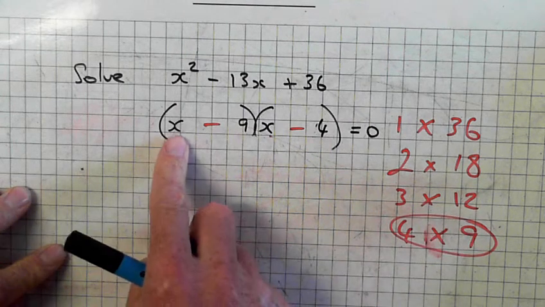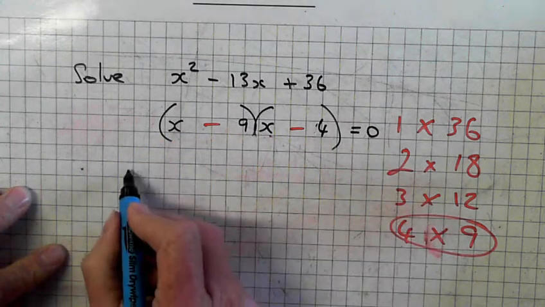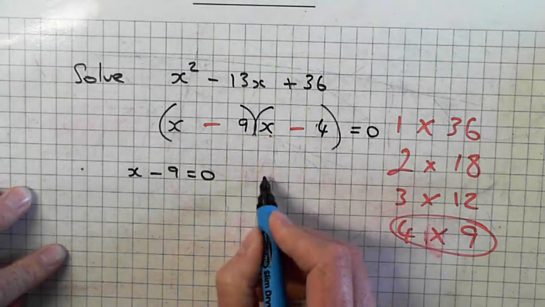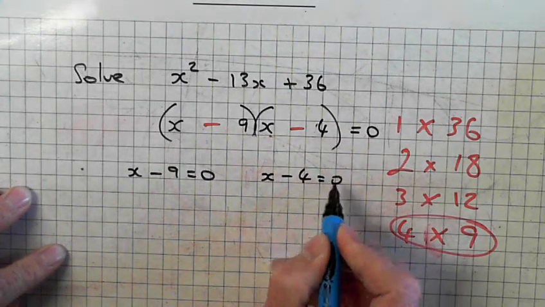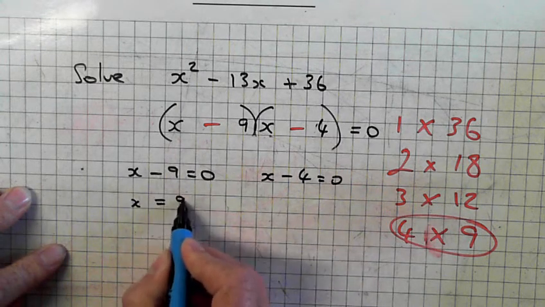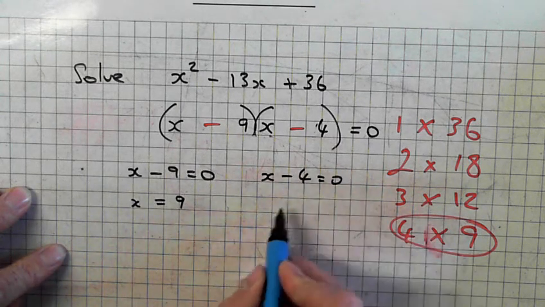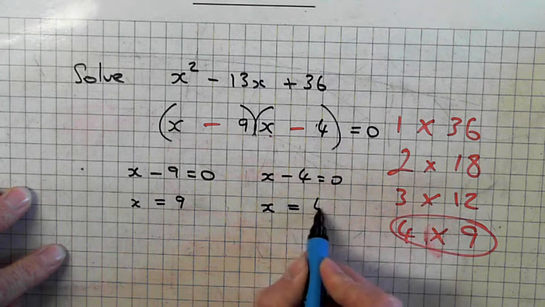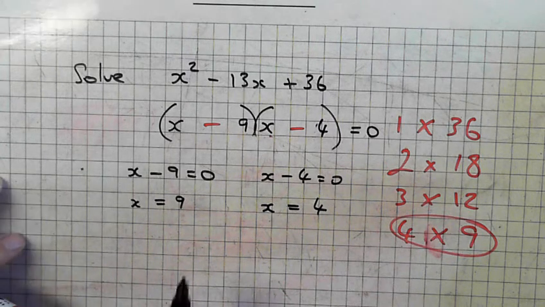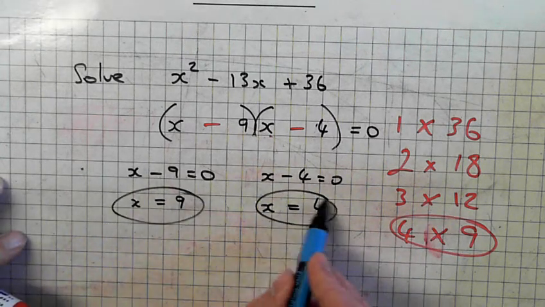So we have x minus 9 is equal to 0, and x minus 4 is equal to 0. Now move the minus 9 across, it becomes plus 9. Minus 4 across becomes plus 4. So you understand the difference: solve means find the values of x.